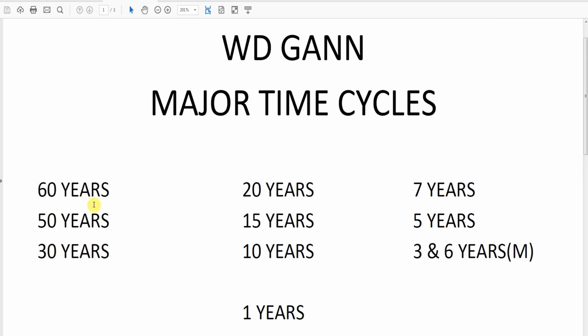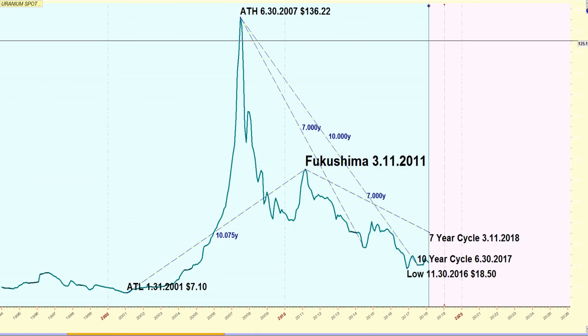I don't have 60 years of data for the uranium spot, so I can't look at that. I've got to look at these right here. 1 year is too small. I have to do probably a research and study within the 3 and 6 year and look at the minor cycles, how that works out. But I'm seeing something within the 7, the 10, and the 15. And we're going to see what happens 20 years on the uranium spot. Let's look at the 15.